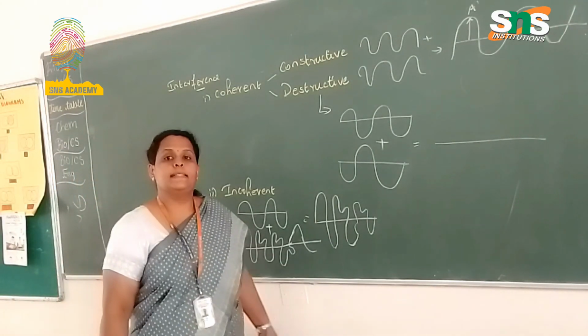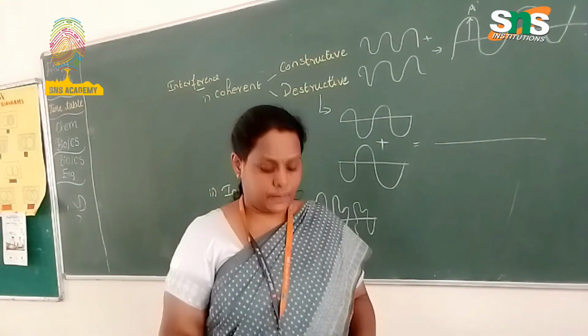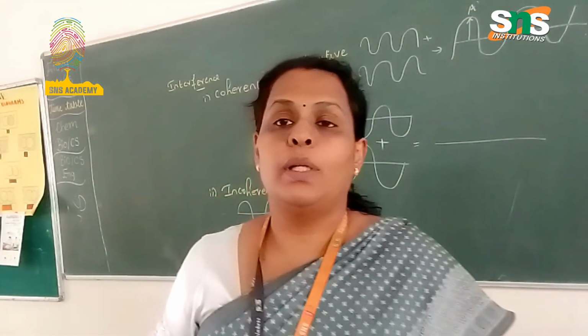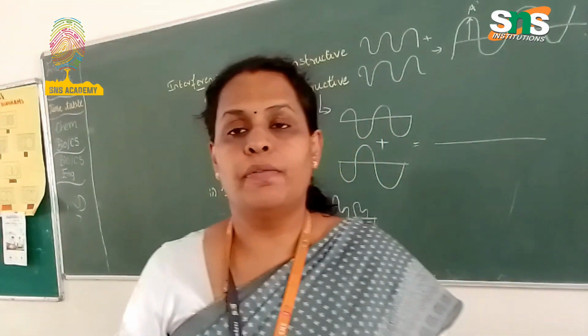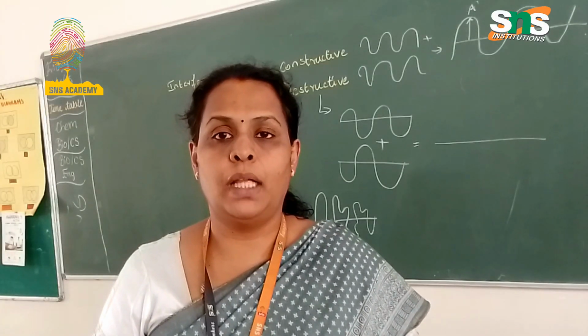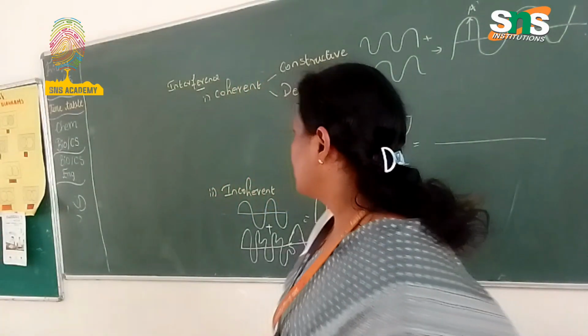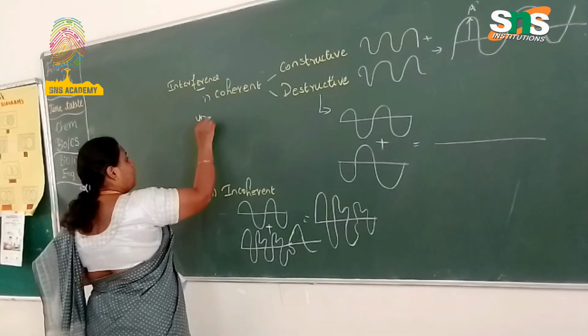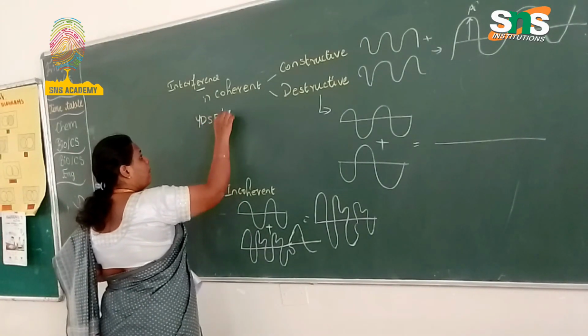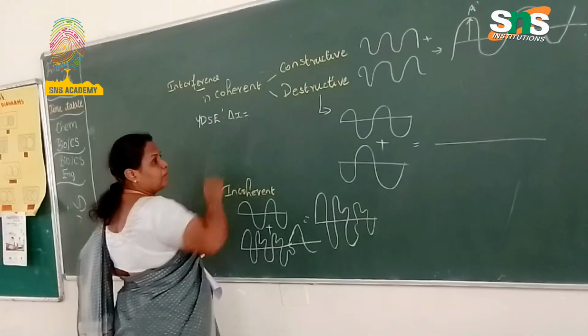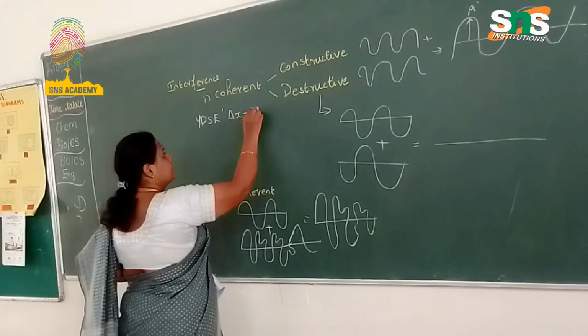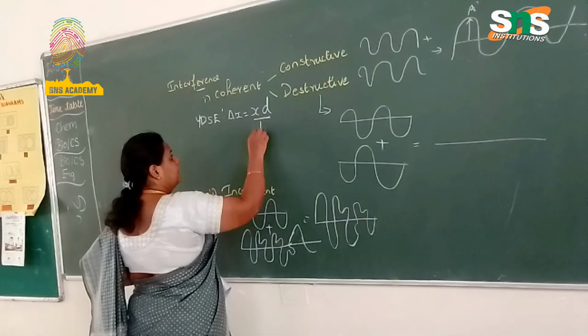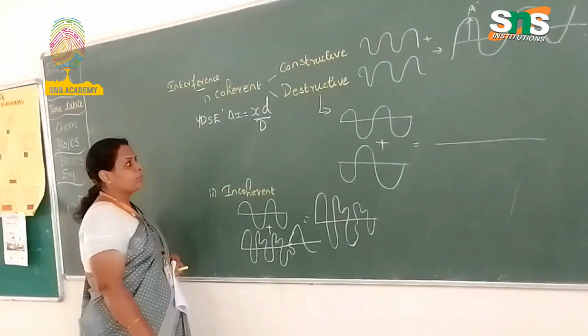In our YDSE, Young's double slit experiment, what is the equation for calculating the fringe width beta? As discussed in YDSE, our final equation is path difference del x equal to x d by D. Am I right?